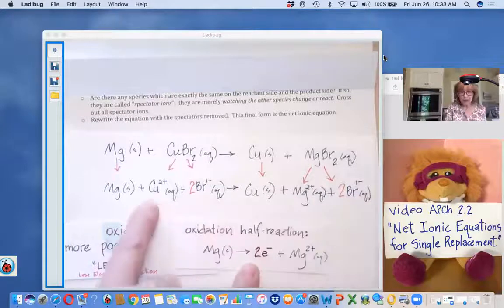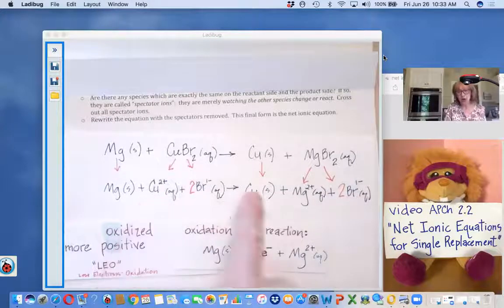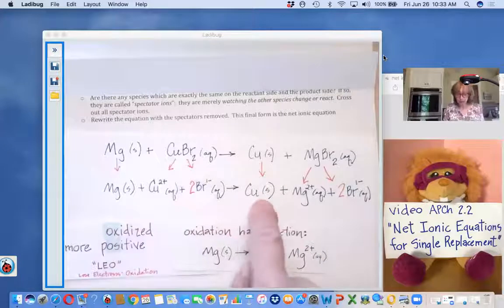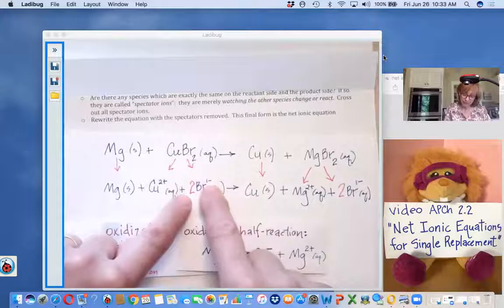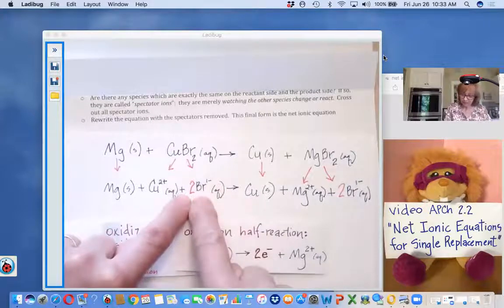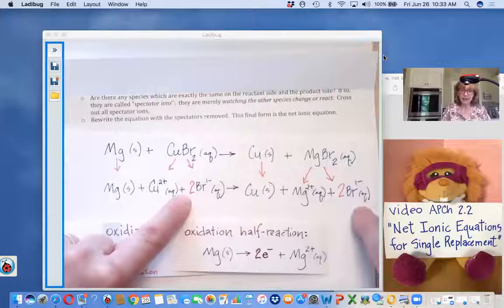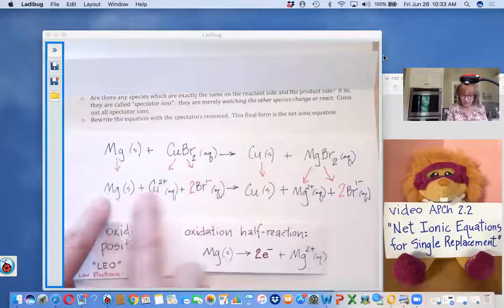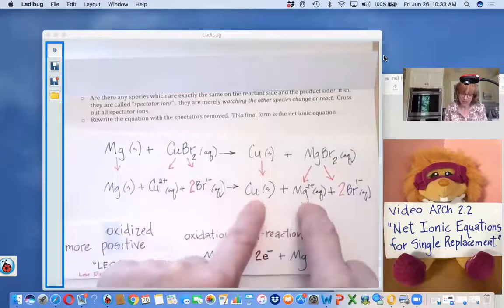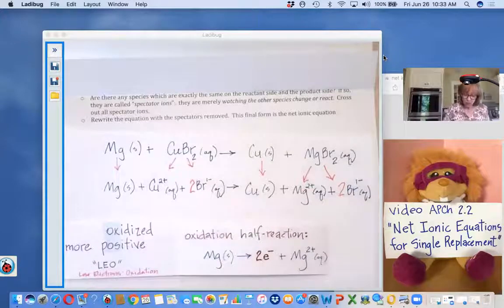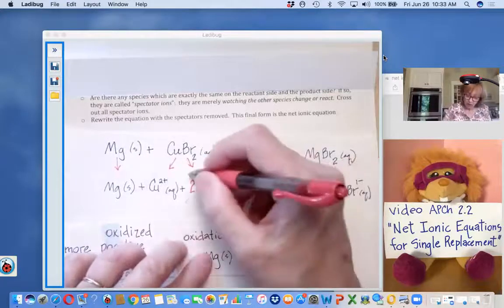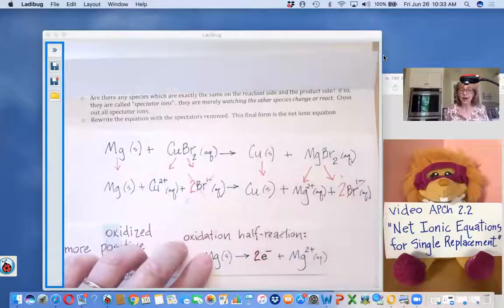So this species has also undergone a change. But notice that my 2 bromide anions as reactants are still exactly the same as products. In other words, they sat in that beaker and watched the magnesium and the copper do something, but the bromides themselves did nothing. So we call them spectator ions.